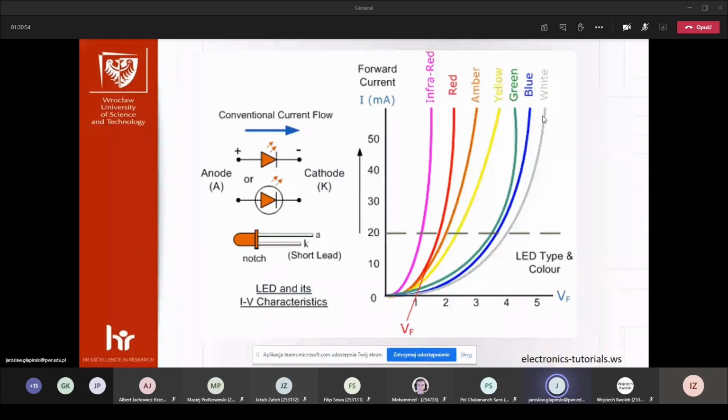The diode emits ultraviolet, and the ultraviolet with luminescence gives us the white light. So in the matter of fact, we've got two possibilities to achieve white light.